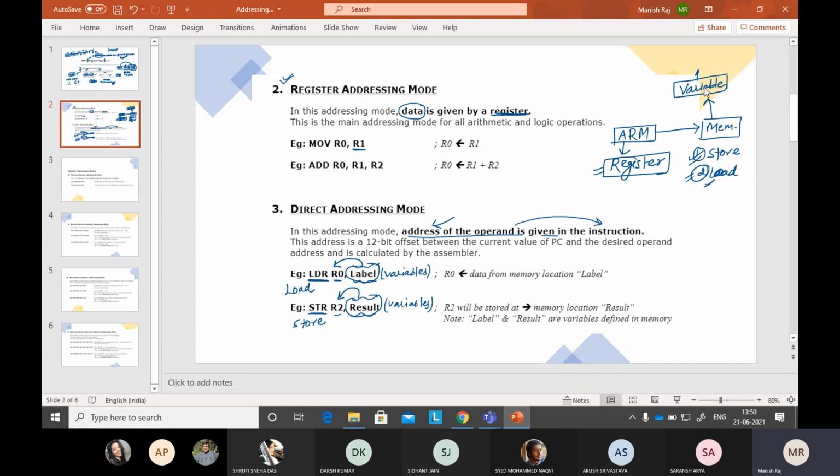First you make the variable, and after that provide the address to the register. You are doing this in the direct addressing mode. Is it clear or not? Just tell me.